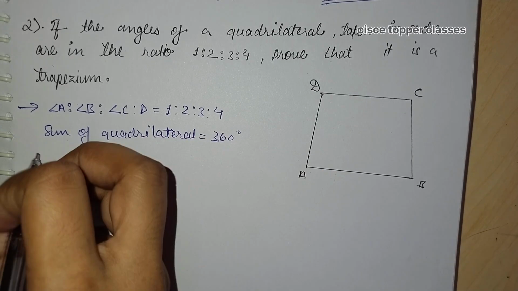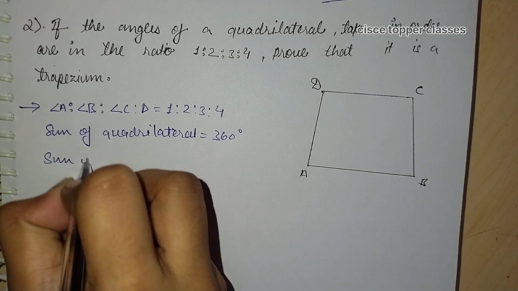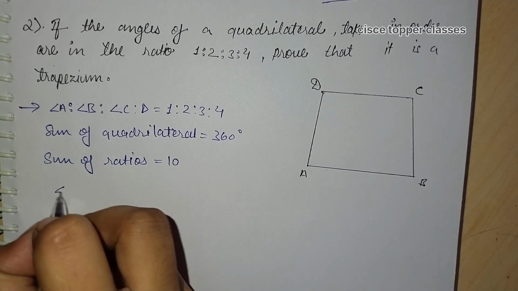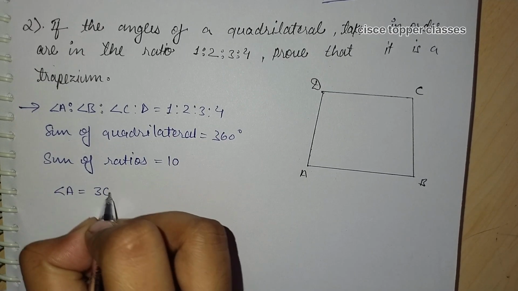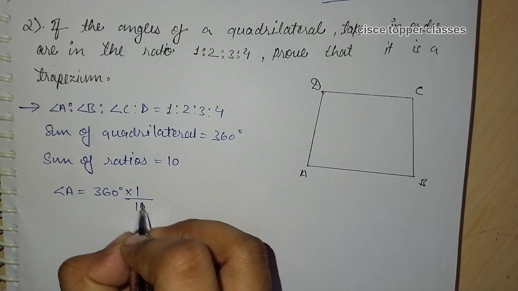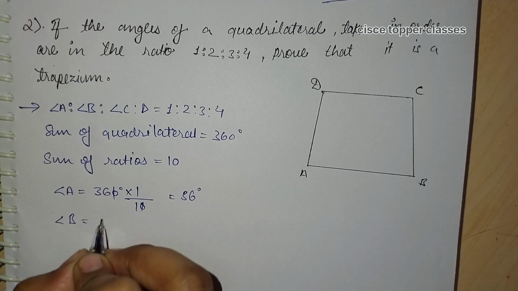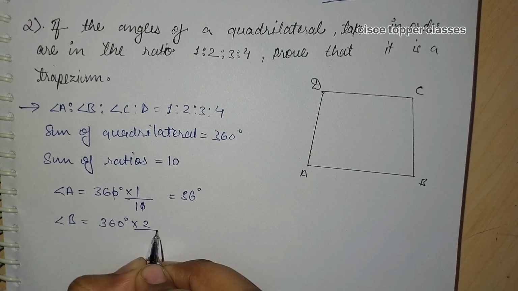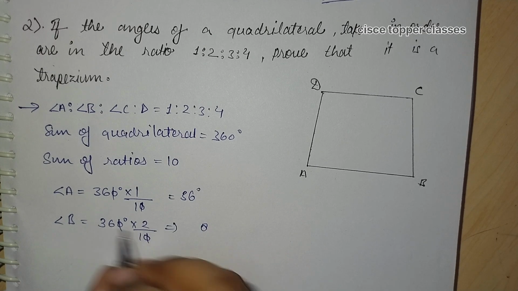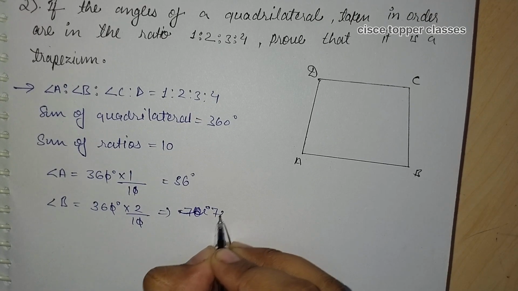And the sum of ratios we can find to find the value of all the angles, angle A. So here the sum of ratios is 10, because if we add 1, 2, 3, 4 we will get 10, and from that only we can find the value of angle A. 360 into 1 divided by 10, we can write, this will be cancelled out and we will get 36 as the angle A. Now angle B is 360 into 2 divided by 10, 0 will be cancelled out and we will get 72 here.